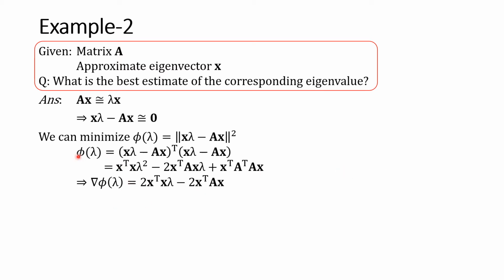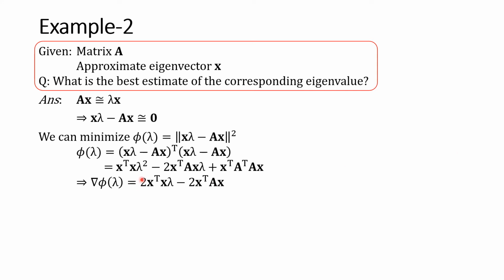Now, its derivative at the minimum must be equal to 0. So the derivative of this expression with respect to lambda is this. Twice lambda x transpose x. And this is constant with respect to lambda. And for this one, the derivative is simply twice x transpose Ax.